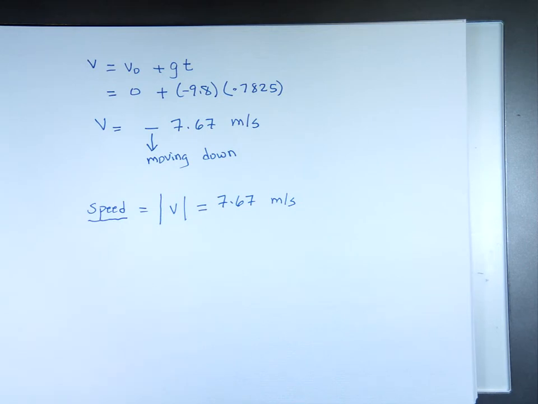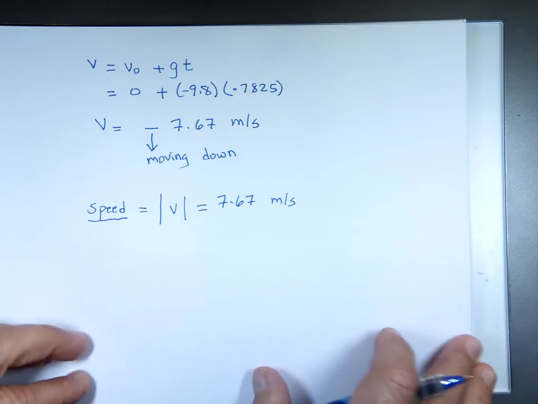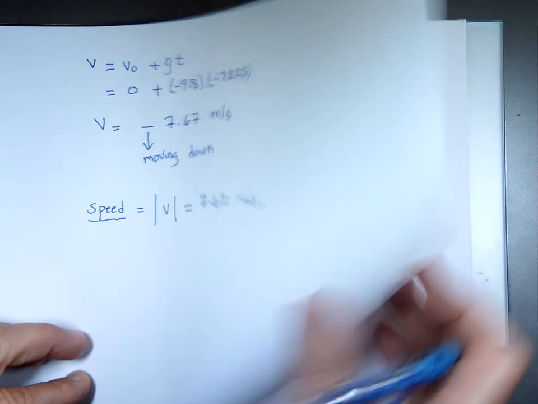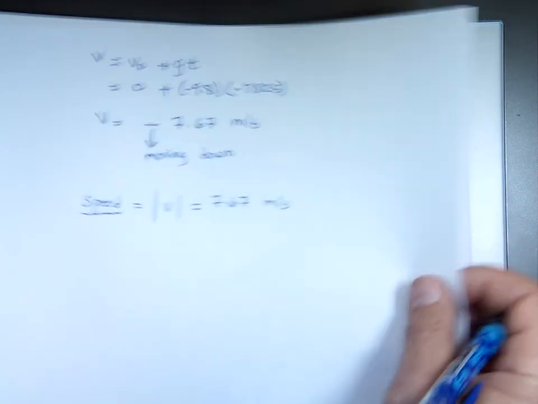Let's try another example. I've been listening to the news about Hawaii with the volcano eruption going on. So let's do an example like that. We have molten lava that's flying up in the air.